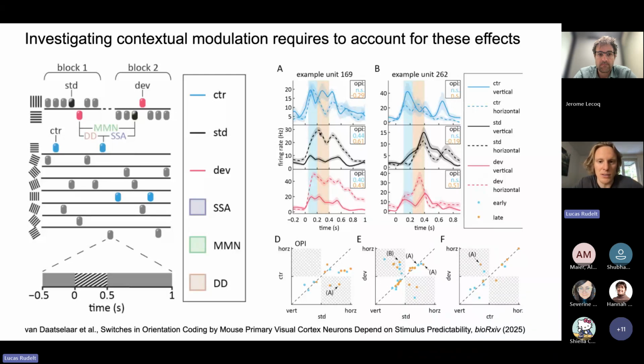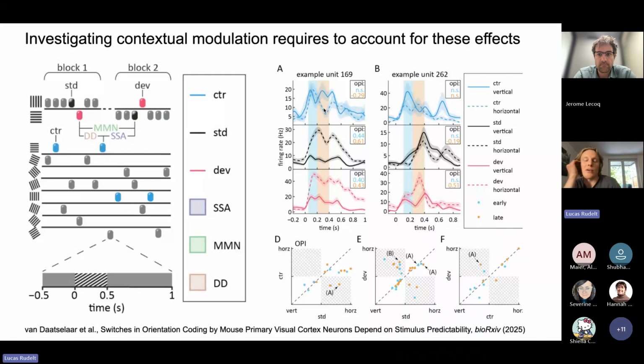That's not a weird effect. And I think it's because there's depression going on here, which then reaches far into this control block and brings down this response.